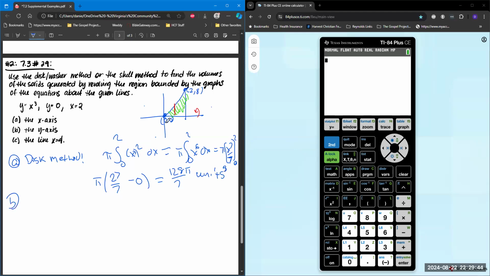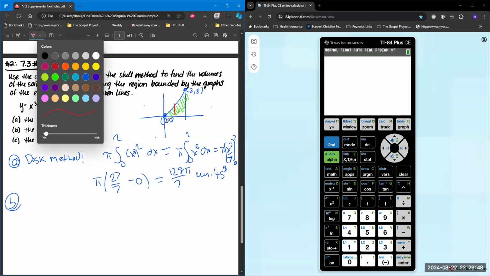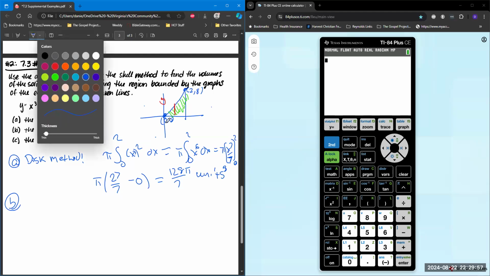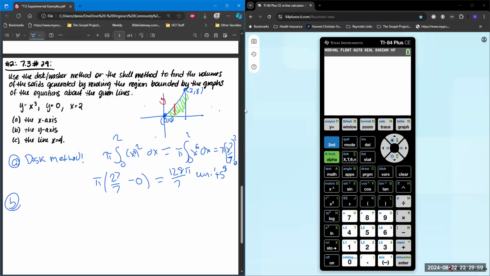For B, we want to rotate that now about the y-axis. Easier to use the shell method there. Keep that representative rectangle the same. And we're going to go 2 pi, shell method. Distance here to the rectangle is x.